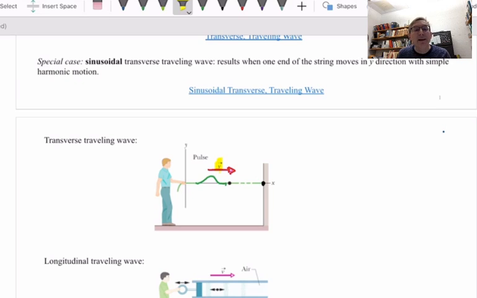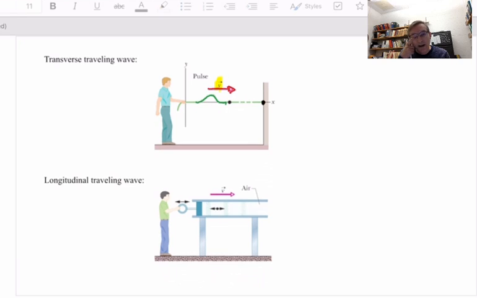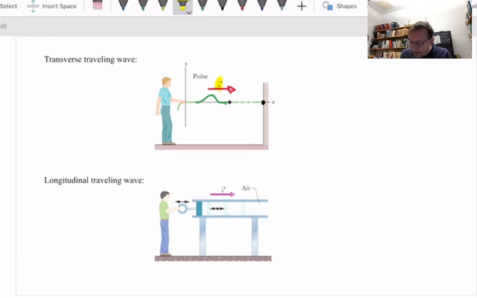Now let me show you how to make a longitudinal traveling wave. You can't really do that on a rope, okay? But you could do it in a column of air. And that's what this next little schematic shows, okay? This thing right here is a column of air, like you might see on an organ pipe, but laid on its side.